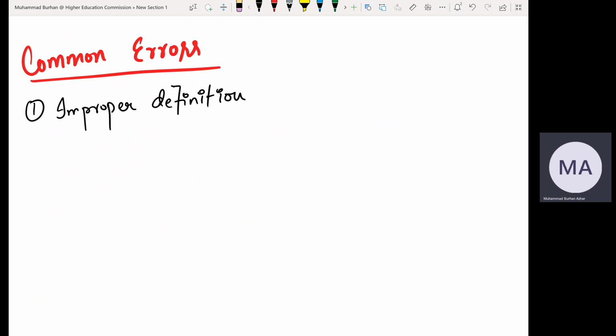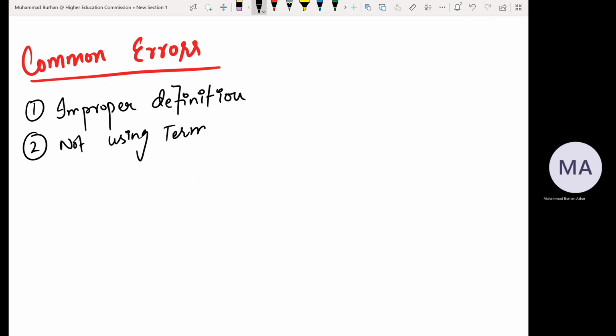ठीक है? कि rushing with that या बहुत vague terms के अंदर कुछ define कर देना या economic terms बिल्कुल ना use करना. So the second thing is not using economic terms. ठीक है? Remember one thing, you are giving an economics exam and every subject has its vocabulary. So you should be able to know the vocabulary of economics when you're dealing with the economics paper.